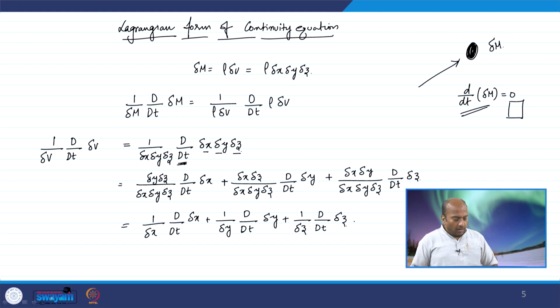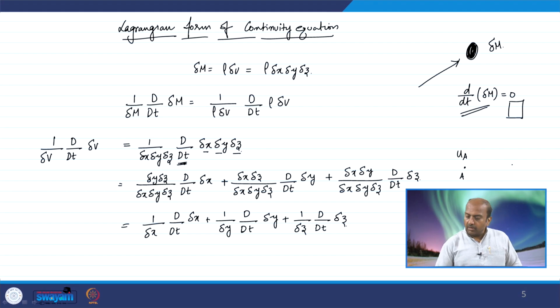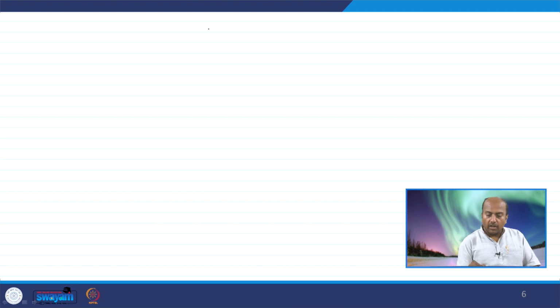Right, simple. Now, since the control volume is moving with the velocity of the fluid, let us say at one instant at a point A, the fluid has a velocity ua, and subsequently at the point B, the fluid has a velocity of, let us say, ub. In that case, the velocity ua can be written as Dx by Dt, and velocity at B, ub, is D by Dt of x plus dx.